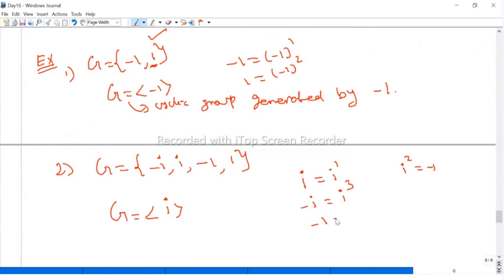The next element, -1, is i^2. And 1 is i^4. Therefore every element of the group can be expressed as a power of a single element, namely i.